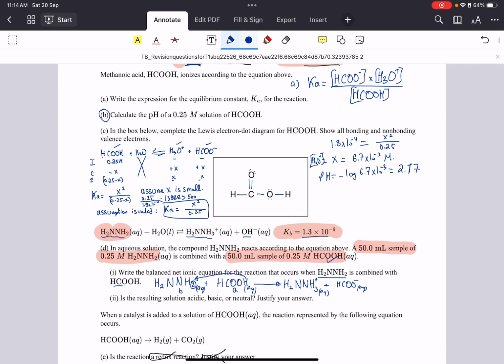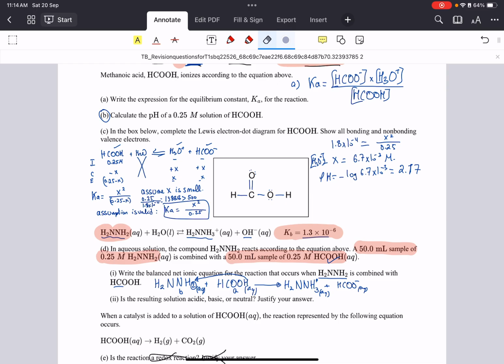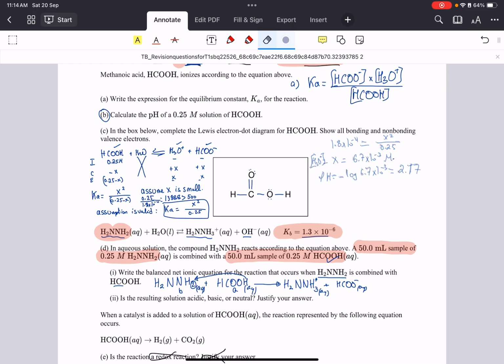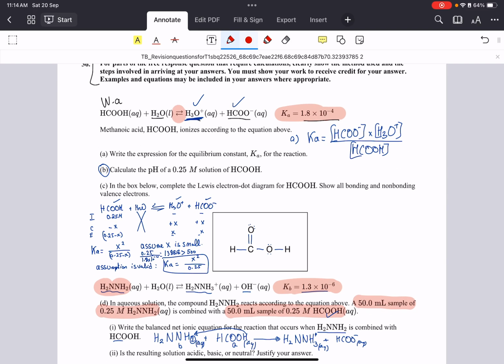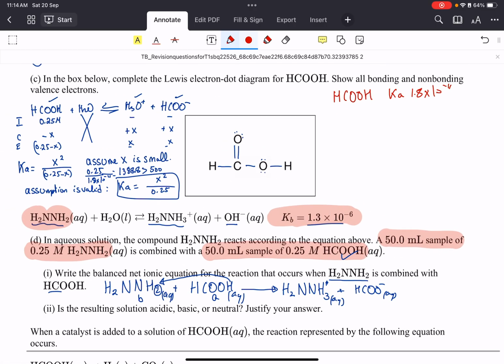So I'm going to write them over here. I'm going to erase this space so that I can put my answer over here. So I have an acid that has a Ka of 1.8 times 10 to the negative 4 that reacted with a base.